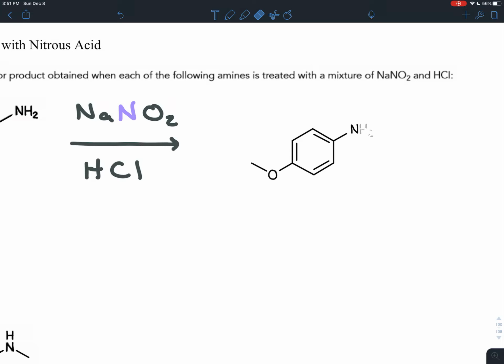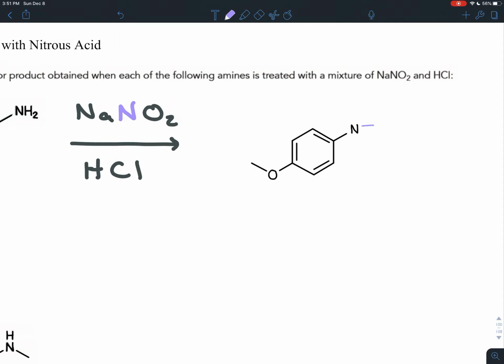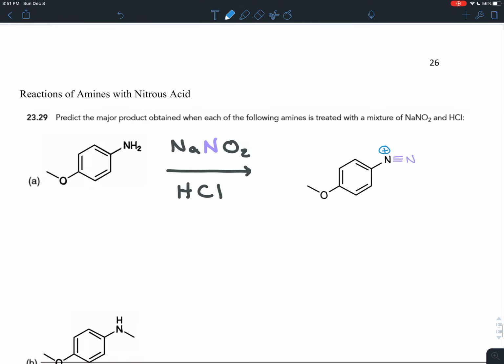We'd replace the 2 bonds to the hydrogen there with 3 bonds to the nitrogen from the nitrite. And that first nitrogen will have a positive charge. So in this case, because this was a primary amine, this nitrogen is only bonded to one carbon, we formed the diazonium ion.